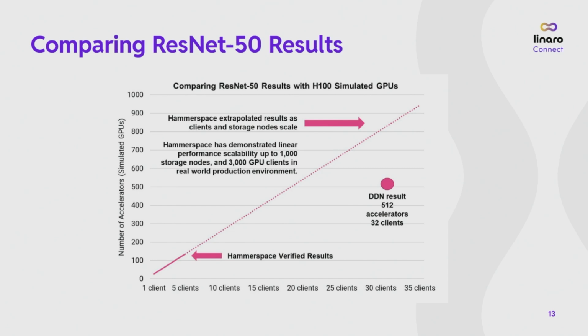For example, for DDN, the result is 512 accelerators for 32 clients, but the Hammerspace solution can provide clients and storage nodes at scale.